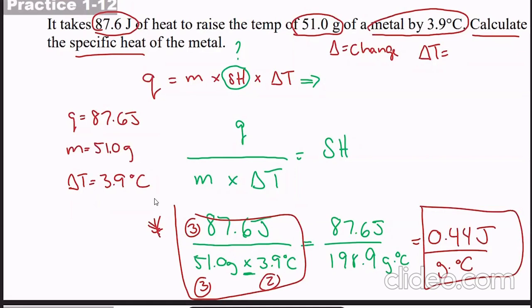If I rewrite the problem, 87.6 joules over 51.0 times 3.9, 87.6 divided by 51.0. Anything in the denominator, this is what I work with.